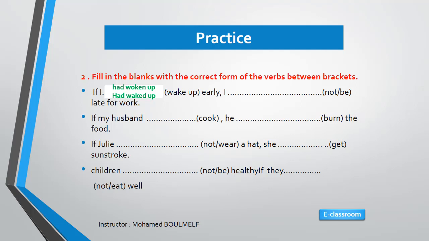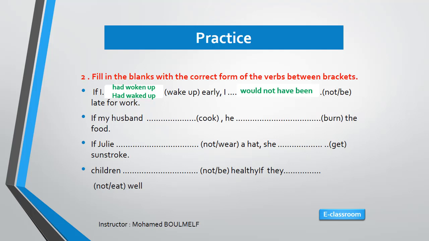So both are correct. The second one, I would not have been. So would plus have plus past participle. Of course, we need "not" because it is in the sentence, and the past participle of the verb be, been.